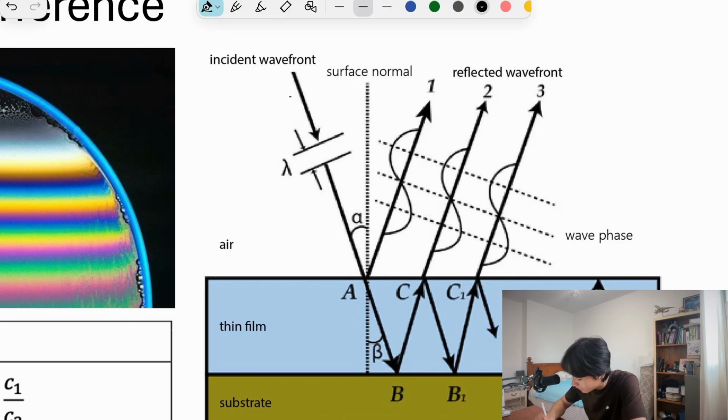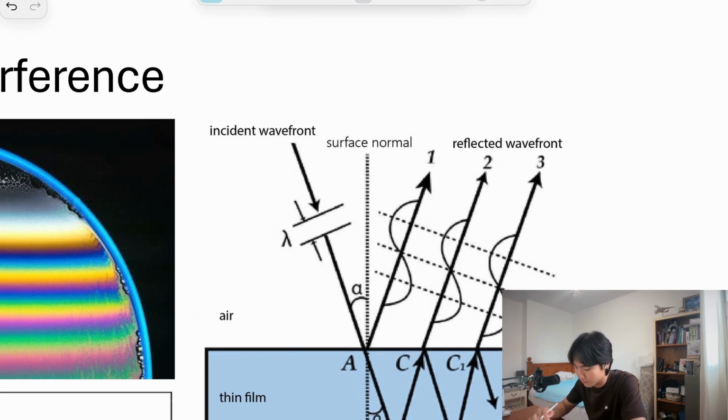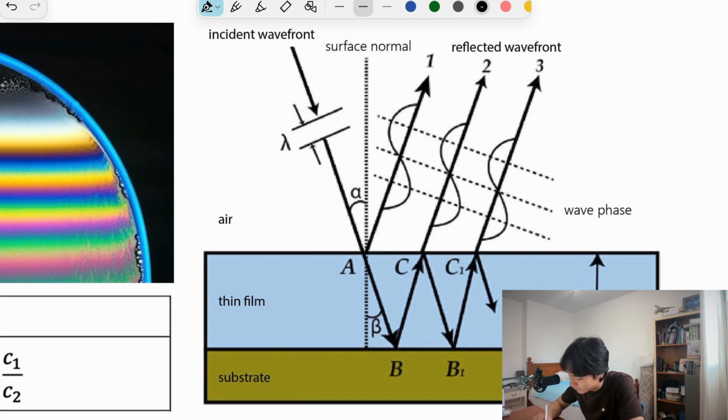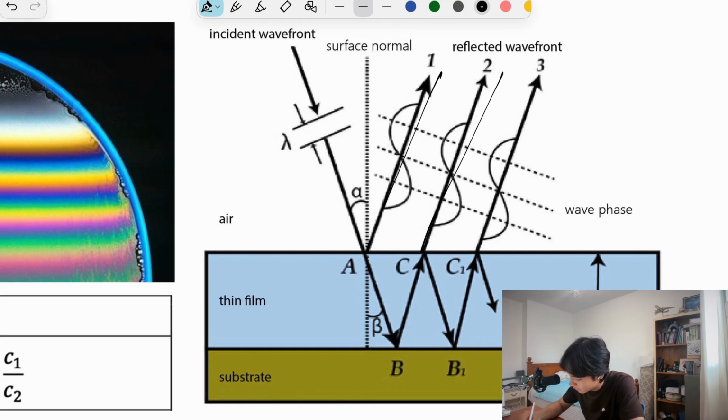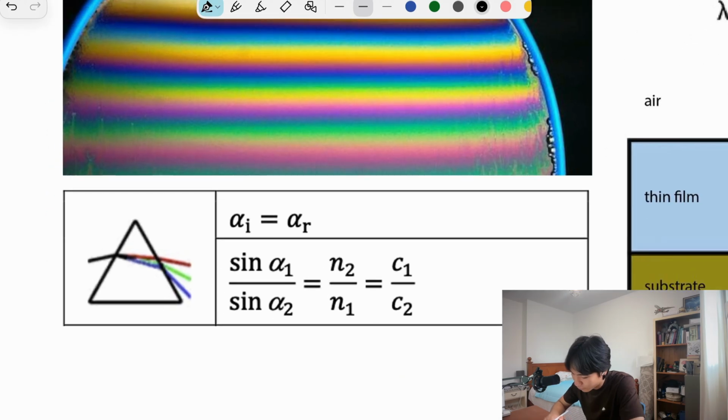Light comes down, and then there's an internal reflection, and this thin surface sort of acts as a grating. It's not like multiple grating slits, but it can still act as a grating because it sends rays of light from internal reflection.